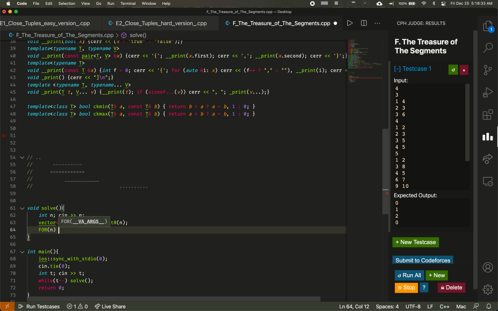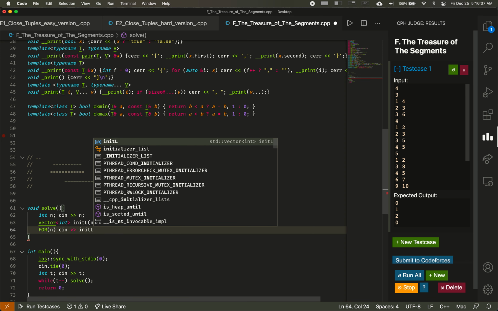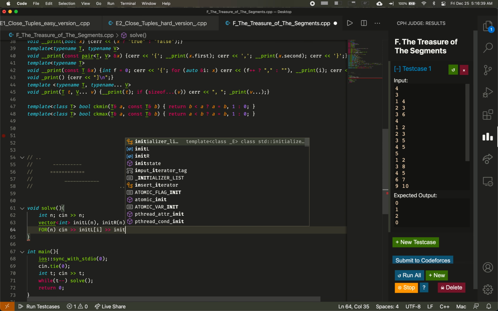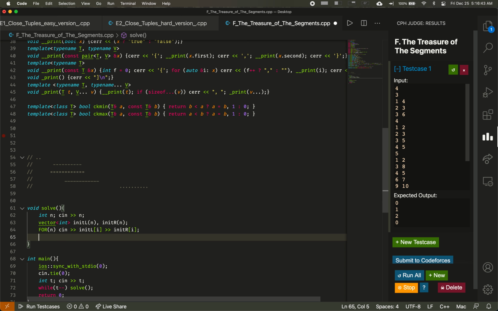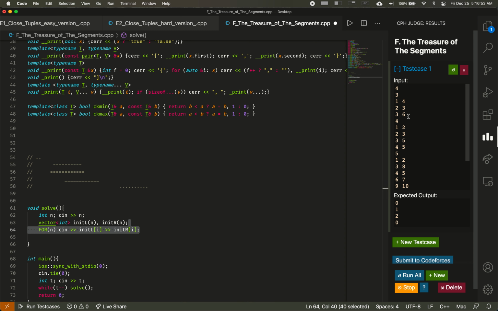Then for n, we read in init l i and init r i. These two lists preserve the order, so we know which L is linked to which R. So it's 1, 4, 2, 3, 3, 4.